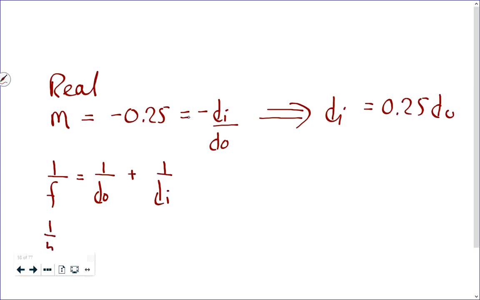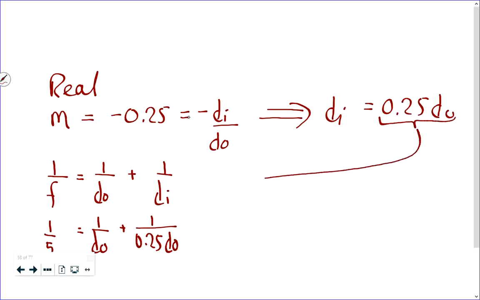Focal length is 5. do is what we are trying to find. And 1 over di is 1 over 0.25 do. So we are taking this and putting it in for di. And we're going to solve this equation in the exact same way we solved the other one, except there's not going to be a negative there.